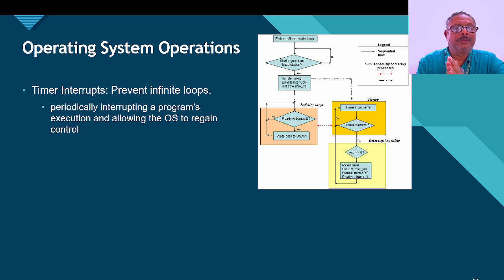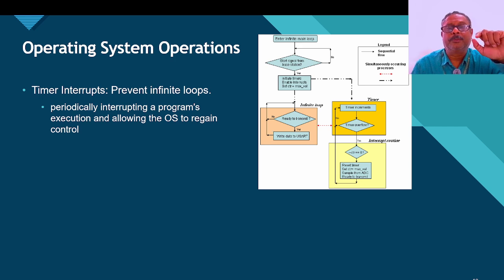So if we know the worst-case time any user program can take, we can create a timer of more than that time and just wait. Within that time, if the loop completes, then no issue.